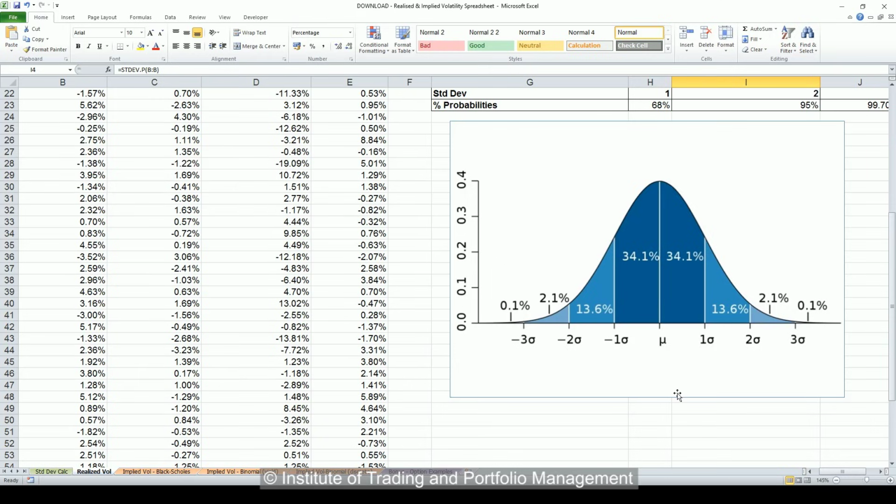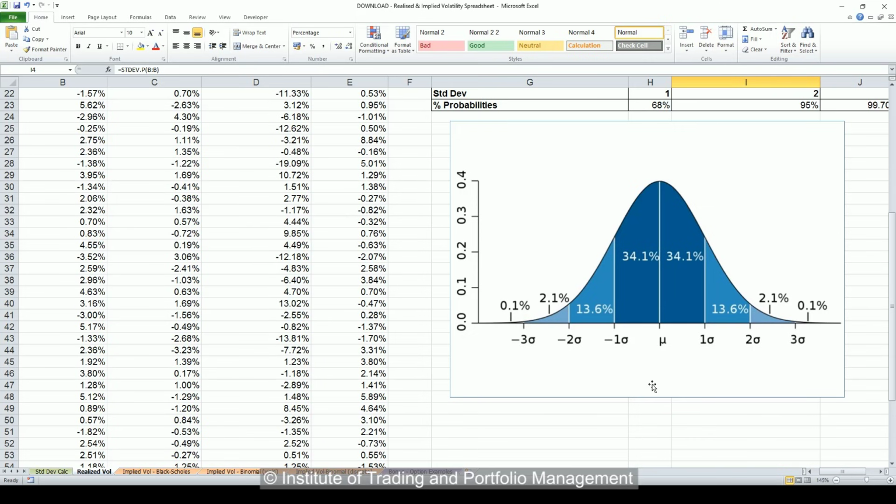The normal distribution is a fairly decent reflection of asset prices. What you find in the normal distribution is that 68% of the data lies within one standard deviation, 95% within 2, 99% within 3. So you can think about using those standard deviation values in terms of probabilities.